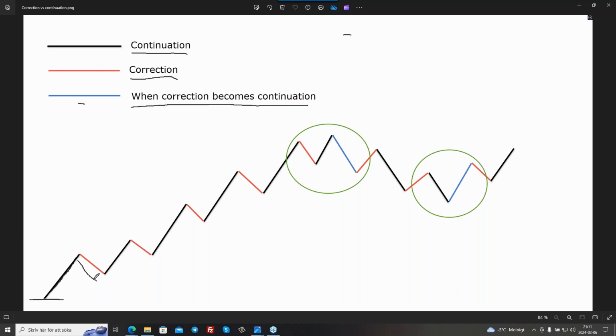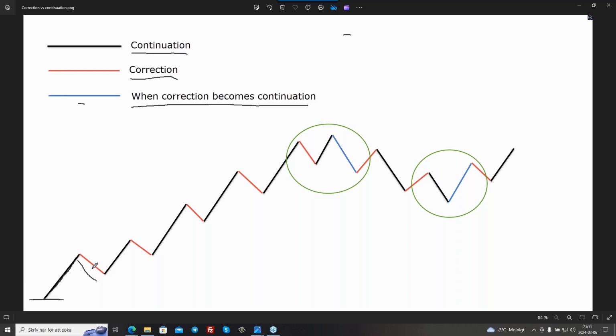And I will show you this screenshot first, and then we will be drilling it on live charts, on real charts. So make sure that you totally understand the concept that I'm trying to talk about right now, because it all will make super sense once I show you the charts.